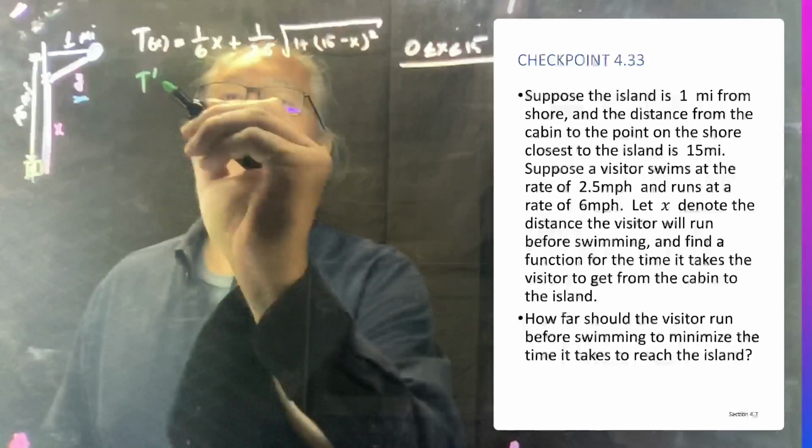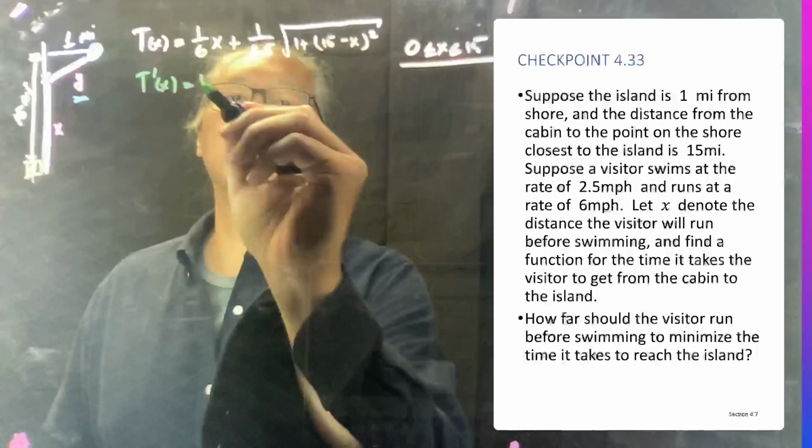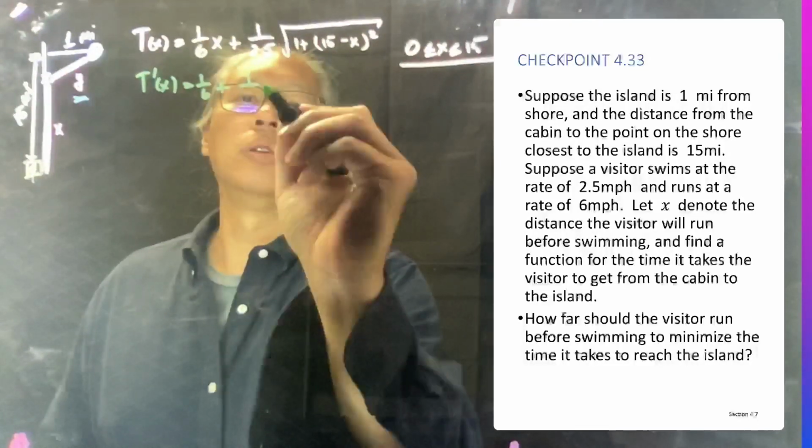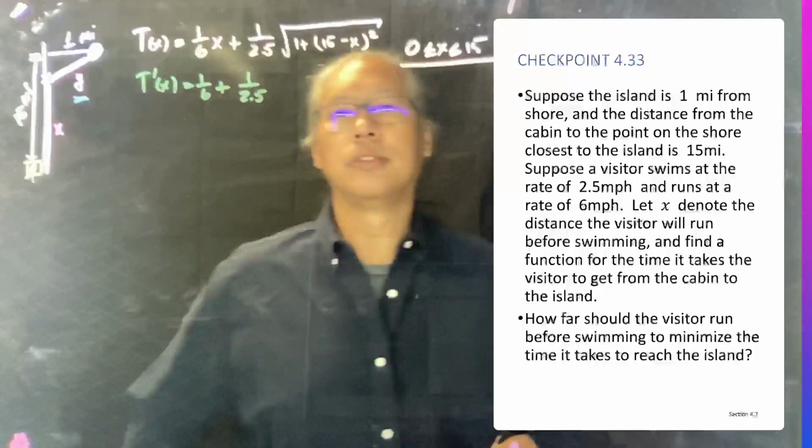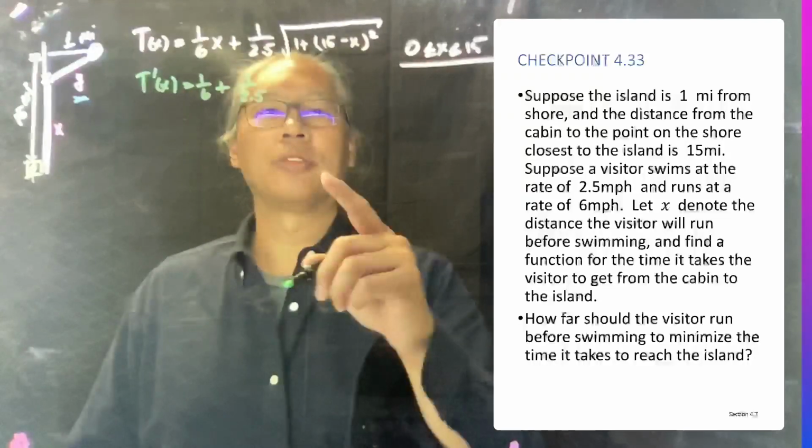So we have t prime of x is going to be just the 1/6 plus 1 divided by 2.5.